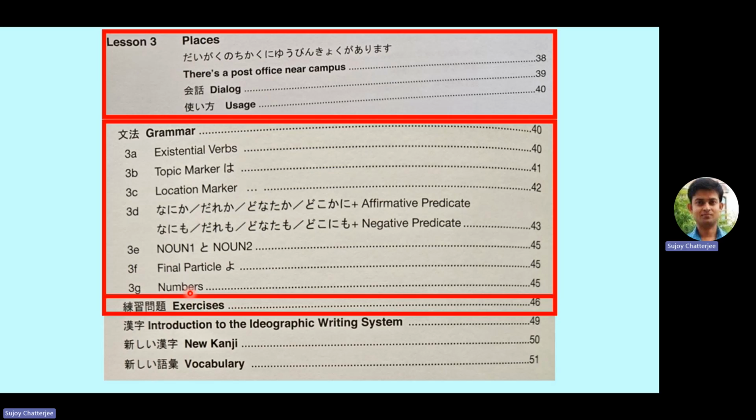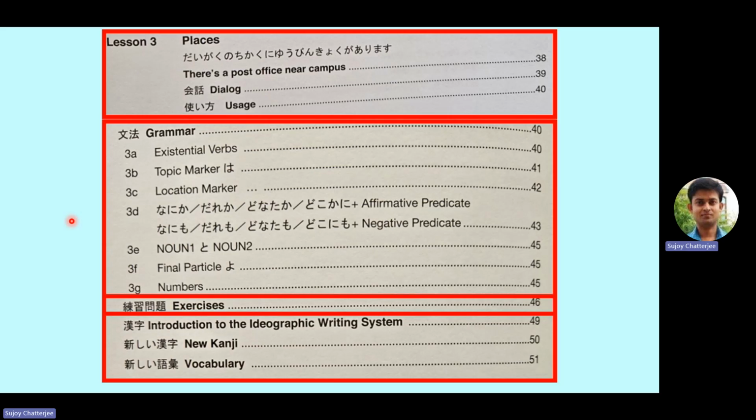Then we have the third section in the form of exercises covering all these parts. And then we introduce the kanji, the ideographic writing system, in this chapter as well. So this will be the first introduction to kanji in this course. So in this way, there are basically 4 sections in this lesson 3.